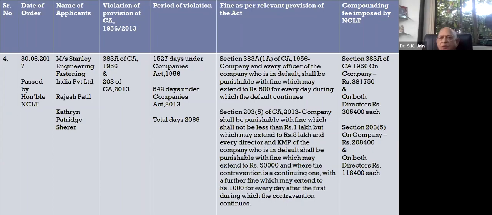So what order was passed by NCLT under the 1956 Act? The total fine, 1527 into 500, comes to 7,63,500, and the NCLT imposed fine of rupees 3,81,750 on the company and on both directors, that means Rajesh Patil and Katsina Patrice, rupees 3,05,400 each.